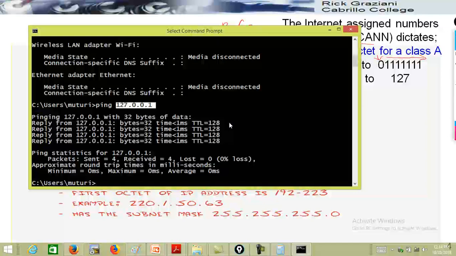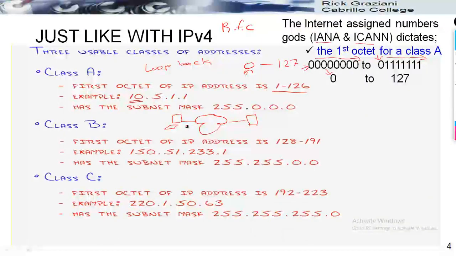Now, the next step is you ping your default gateway, to see whether this receptionist computer can reach the default gateway, the router, your first router, to go to the internet.